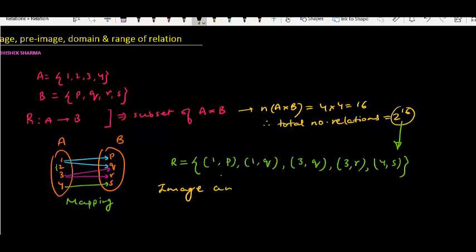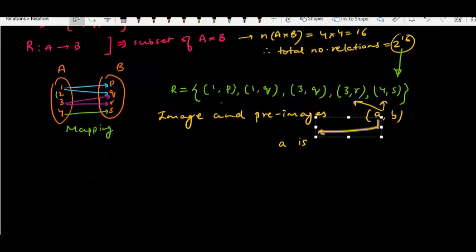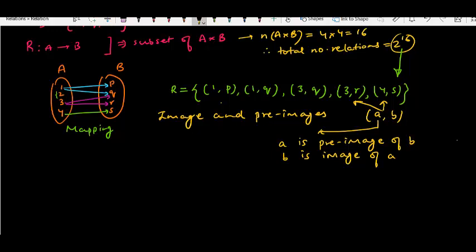A relation will always contain ordered pairs of the form A comma B, as you can see here, every element is of the form A comma B. So in this ordered pair we say that A is the pre-image of B, and B is the image of A. So we use these terminologies.